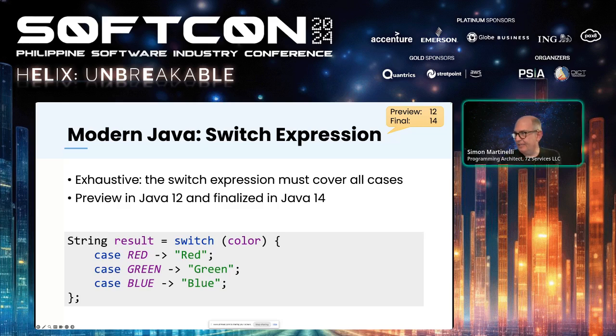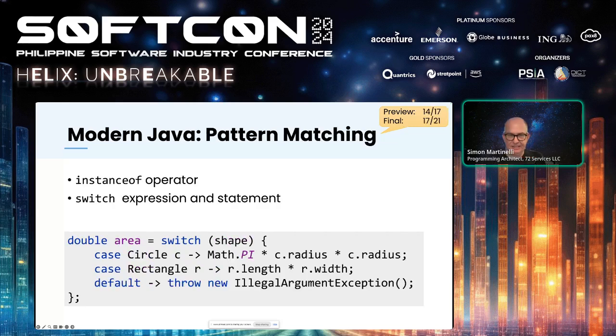And finally, we have something called pattern matching. Pattern matching was first introduced for instanceof operators, so you can have a variable after the case here in the switch expression and use that one directly without having to cast, for example.